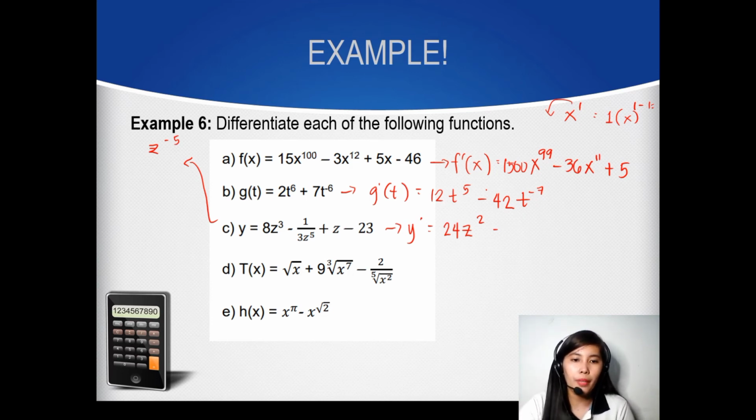And if we derive this, this will be negative 5 z raised to negative 5 minus 1 is negative 6. Since we have negative 1/3 here, multiplied by negative 5, that will be positive 5 over 3 z raised to negative 6, or we will put the z raised to 6 in the denominator.